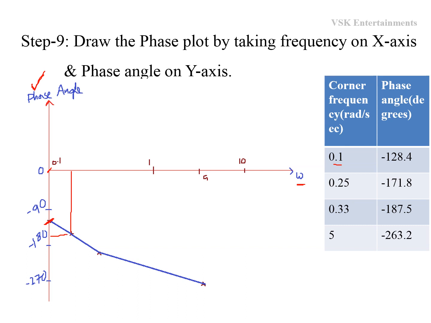Similarly, at 0.33, in between 0.1 and 1, the angle is minus 187. Similarly, at the highest corner frequency, 5 radian per second, the phase angle is 263.2 degrees. Okay, this is the phase plot for the given transfer function.